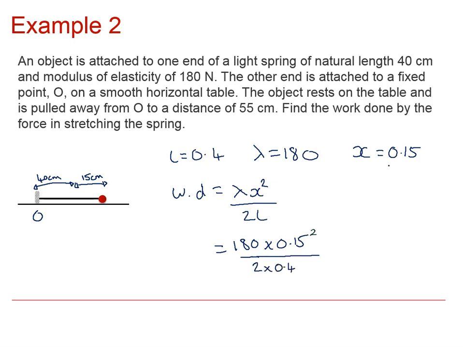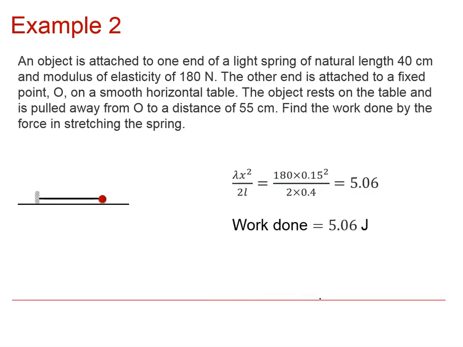You'll notice I've put all these lengths into meters. So we find that the work done in stretching that string to a distance of 55 centimeters is 5.06 joules. So that means it's the work done, and that we also have elastic potential energy now stored in that spring of the same value.